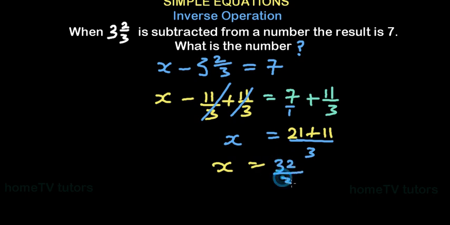Good. 32 over 3. Now we convert the improper fraction to mixed fraction. 3 will go in 32 how many times? Did I hear you say 10? Good. And that will remain what? 2 over 3.